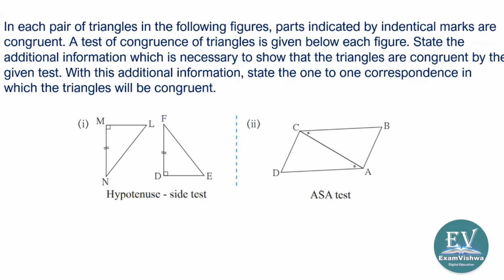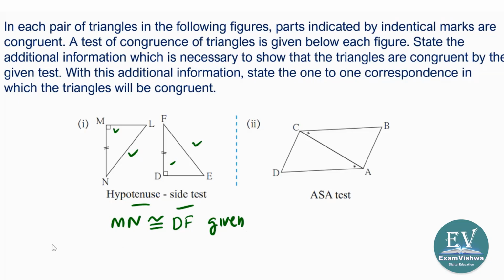For example, the test given over here in this case is the hypotenuse side test. Correct? So the hypotenuse is this, because this is a right angle, but the hypotenuse is not given. Right? So the additional information required is, MN is congruent to DF is given. Correct?